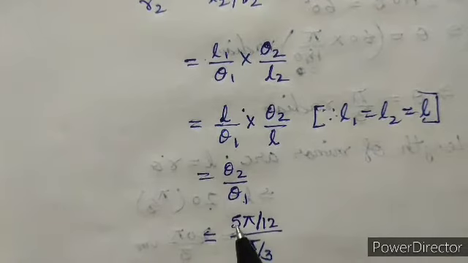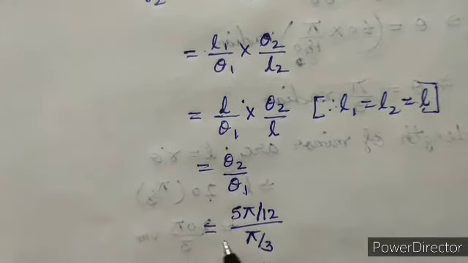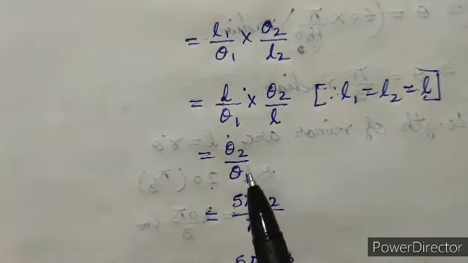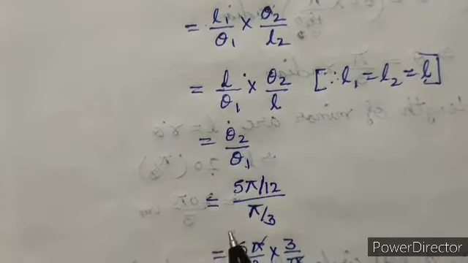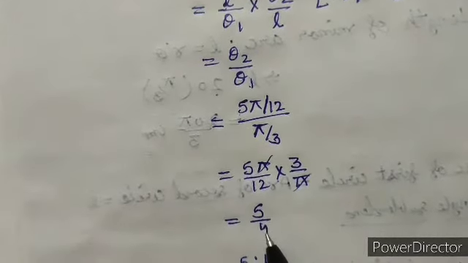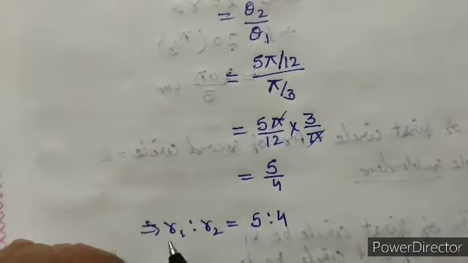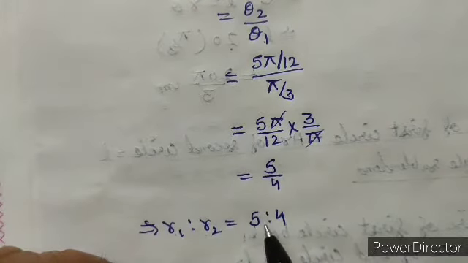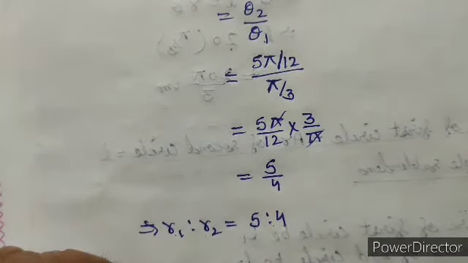Theta 2 was equal to 5 pi by 12 and theta 1 is equal to pi by 3. On putting the value of theta 1 and theta 2, we will get R1 by R2 as 5 by 4, or we can say the ratio between the radii of the two circles is equal to 5:4.